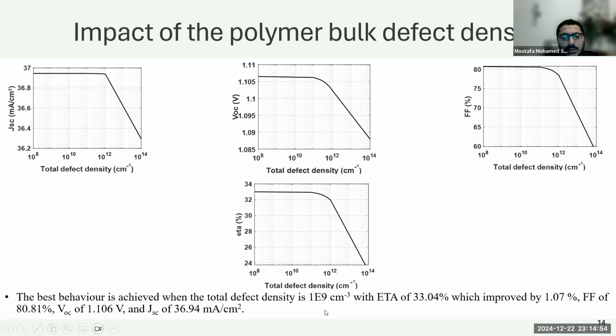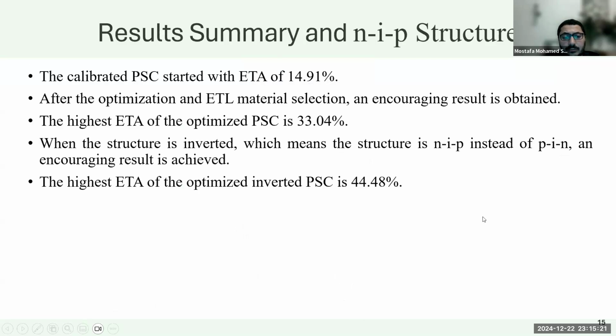So we choose 10 power 9 to be an experimental value for this, and we can increase it to 10 power 11. The eta at 10 power 9 per centimeter cubed defect density results in an eta of 33.04%.